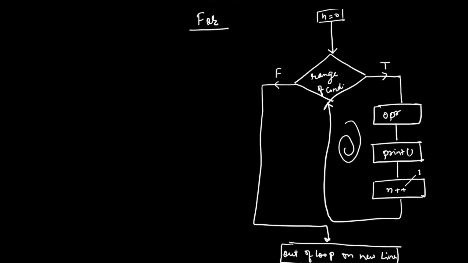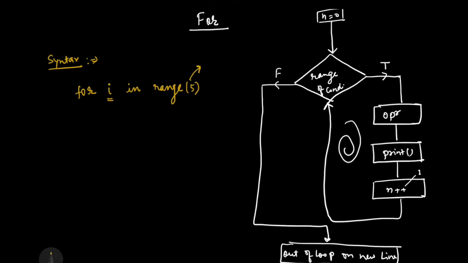Okay, so I'll show you the syntax for this. It has the syntax for, and say i is one variable, in range. Suppose I have given 5. What does that mean?